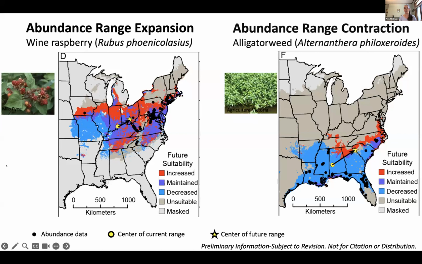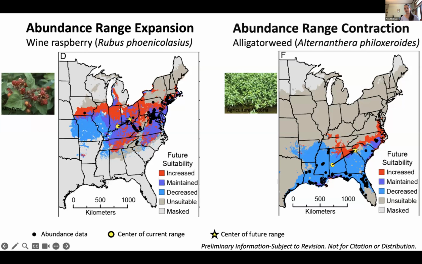as an example of a species that is predicted to expand its overall abundance range, or the amount of habitat that's suitable for abundant populations. And so here we see quite a large area of the species range that is predicted to become unsuitable with climate change. And so that's shown in the blue color here. So these are areas that are currently suitable, but are likely to become unsuitable with climate change. We see a large area that's predicted to increase in suitability in the future.